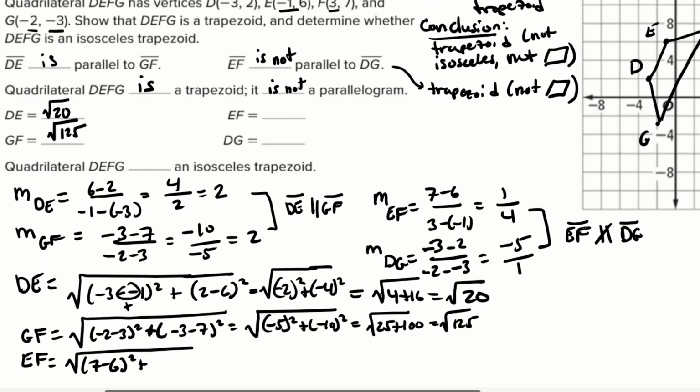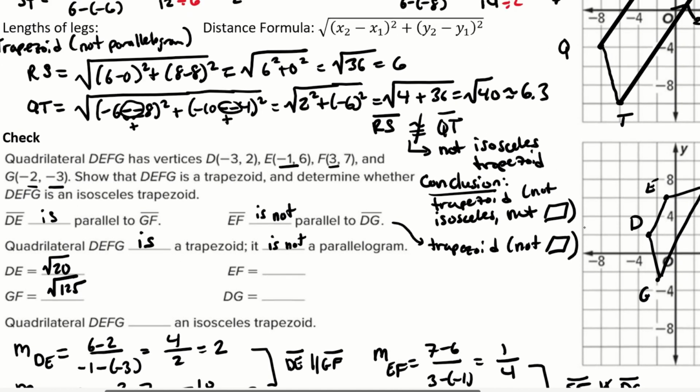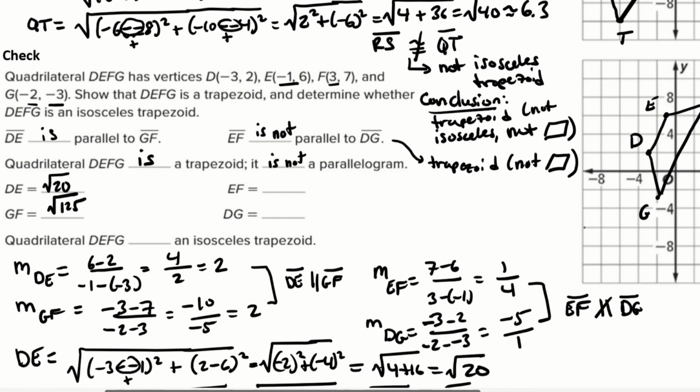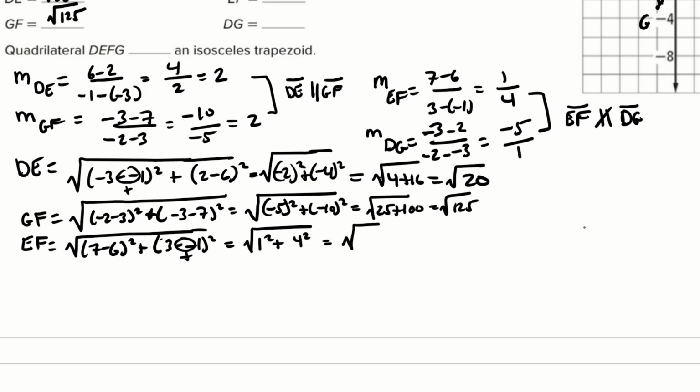And then 3 minus negative 1. So you get 1 squared, and then this becomes plus, so 3 plus 1 is 4. You get 4 squared plus 1 squared, that's going to be 1 plus 16, which is the square root of 17.